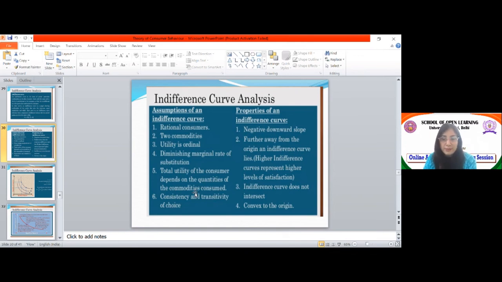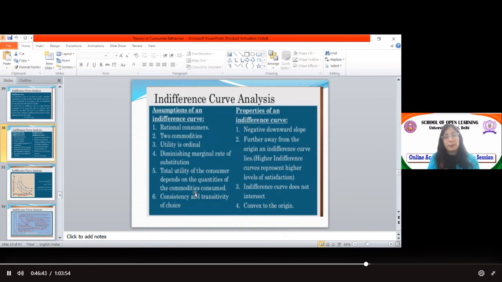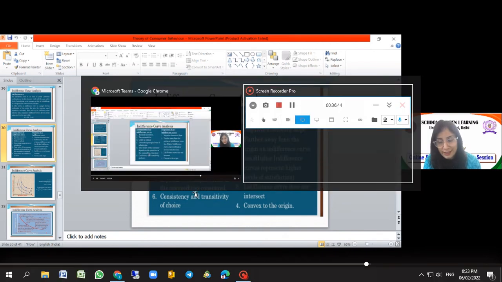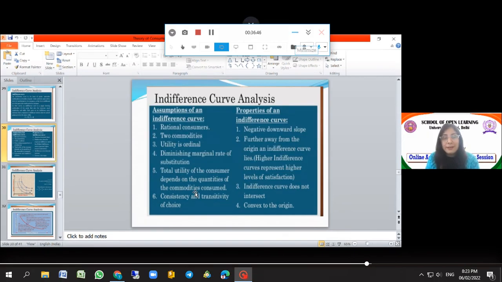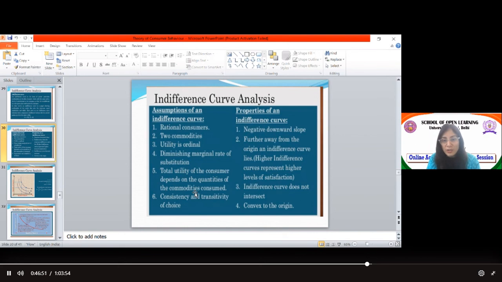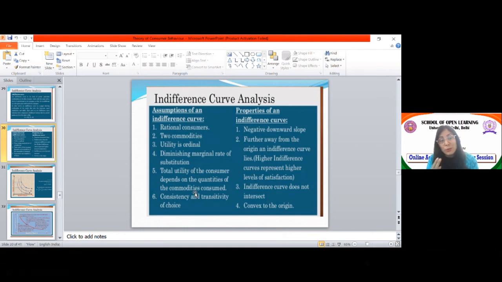I'll go back to the slides and let's finish it. We have the properties of the indifference curve: it is negative, downward sloping, and it is convex. The further away from the origin, the higher the indifference curve and the higher the satisfaction, and indifference curves do not intersect. Why do they not intersect? Because if two intersect, they cut each other. It would mean that two indifference curves show the same level of satisfaction. But we are saying the higher the indifference curve, the higher the satisfaction.